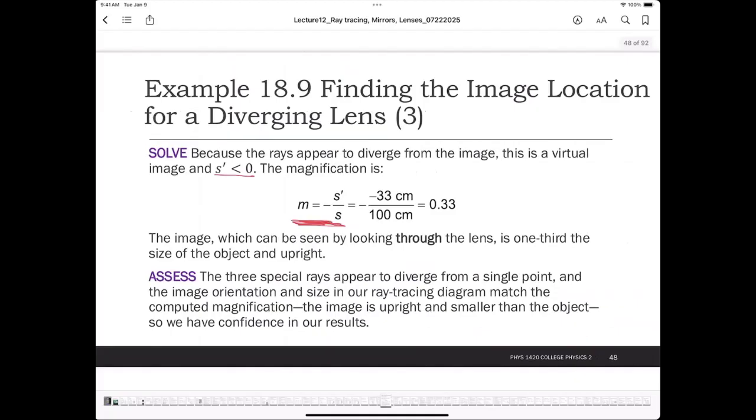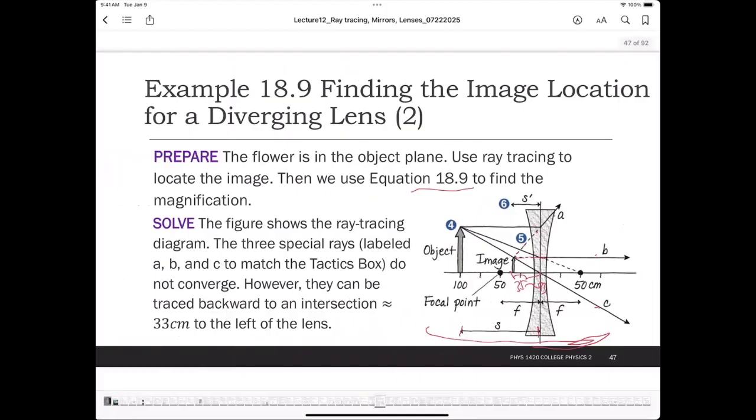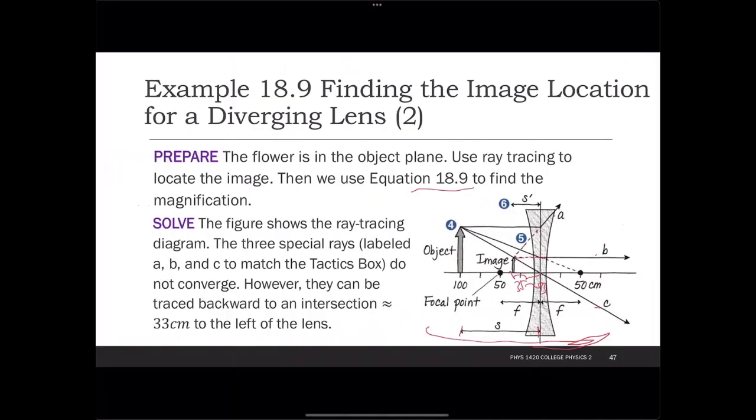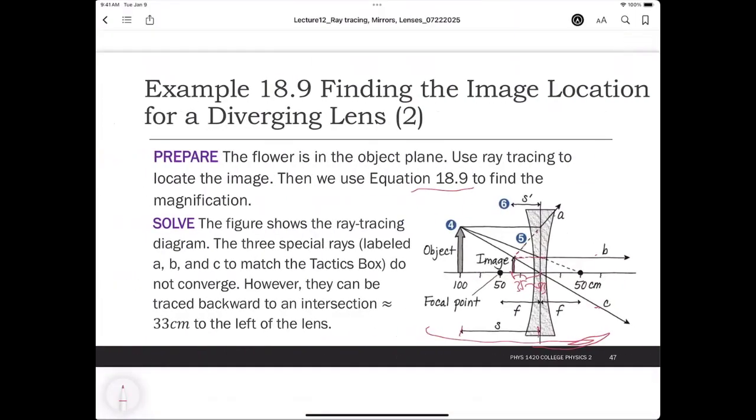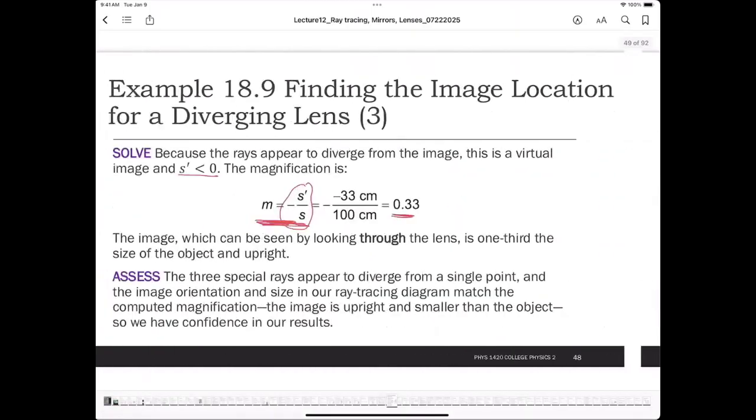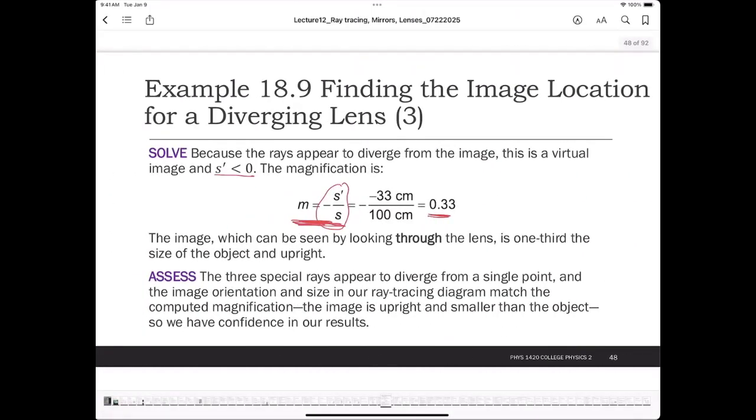So we can get the magnification using this equation, and the magnification is 0.33. The image seen by looking through the lens is one third the size of the object and upright. You can see that this is a virtual image, and it is smaller, not bigger. It is around one third of the size of the object and upright.